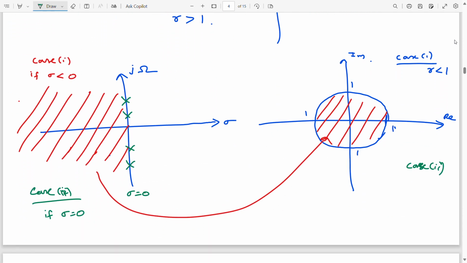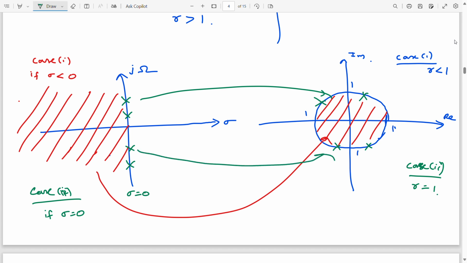Hence the poles on the imaginary axis are represented on the unit circle in the z plane.